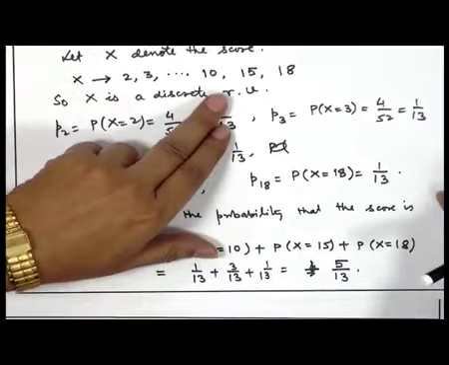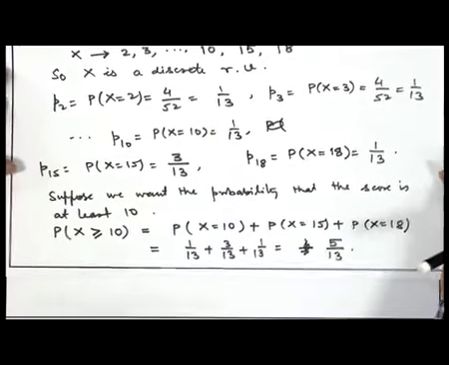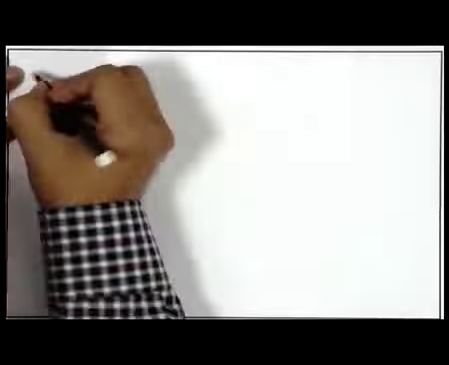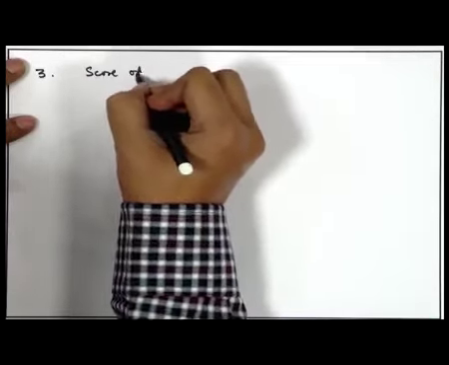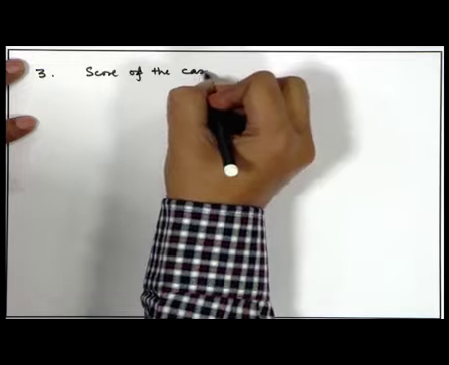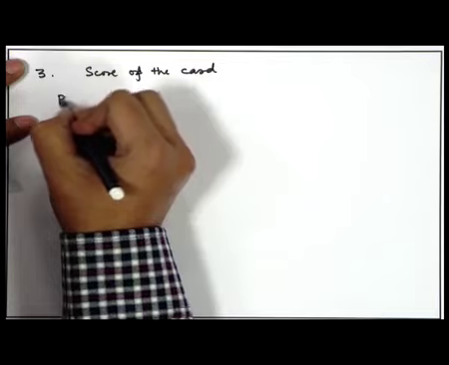Let us look at another example of the score of the card drawn. So, here we have this probability distribution. Let us look at the mean. So, here the distribution was, let me rewrite the distribution.